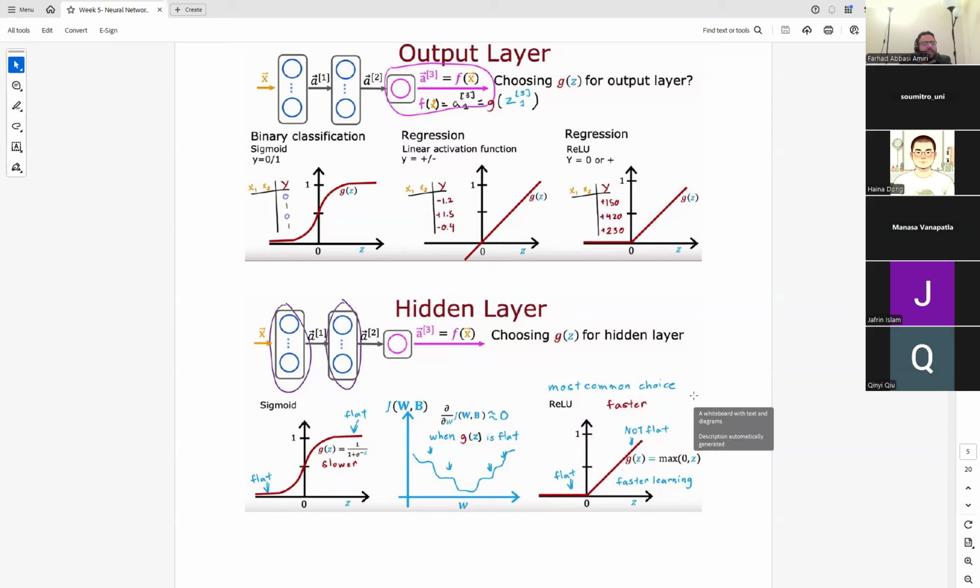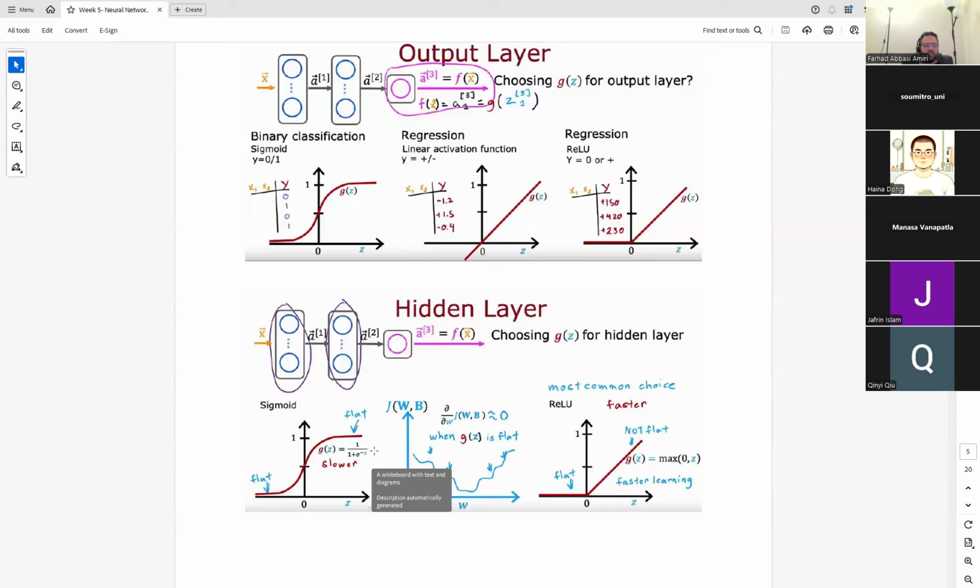One reason is that the ReLU activation function is simpler than the sigmoid function. For example, this is the expression of the ReLU activation function: g of z is equal to max of 0 and z. But take a look at the sigmoid g of z. It's more complicated, right? It's 1 over 1 plus exponential of minus z.